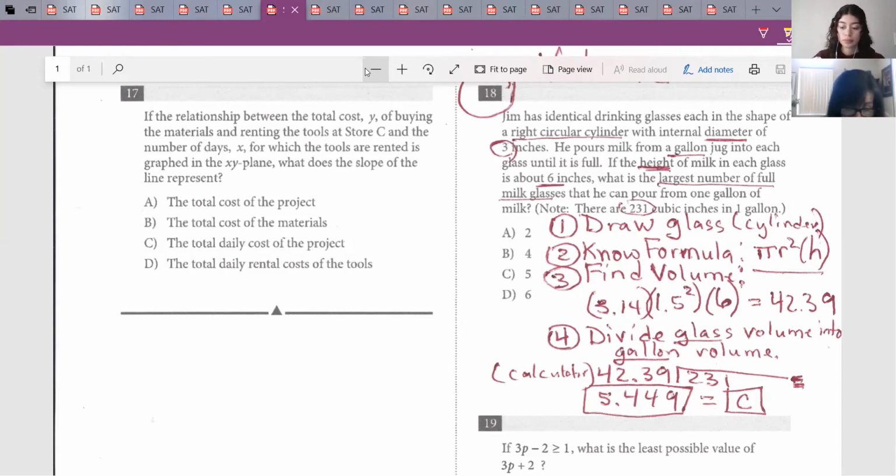Go back to the question, make sure we're doing this right. What is the largest number of full glasses? You can't round up to 6, you round down to 5. That's the number of full glasses. So the answer is C. Any questions? If not, I'll move on. Basic, but still needs to be known.